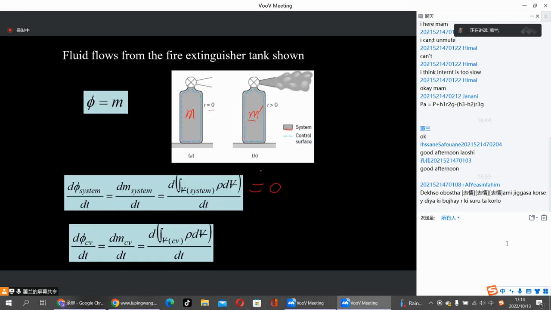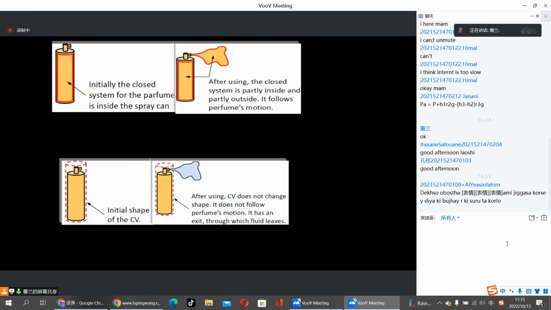So the time rate of change of mass inside the control volume is smaller than zero, negative, right? Because the mass inside the control volume decreased as some goes out of the control volume through its control surface. The control surface is actually the boundary of the control volume, used to isolate the control volume from its surroundings. So we should know what a control volume is and what a control surface is.